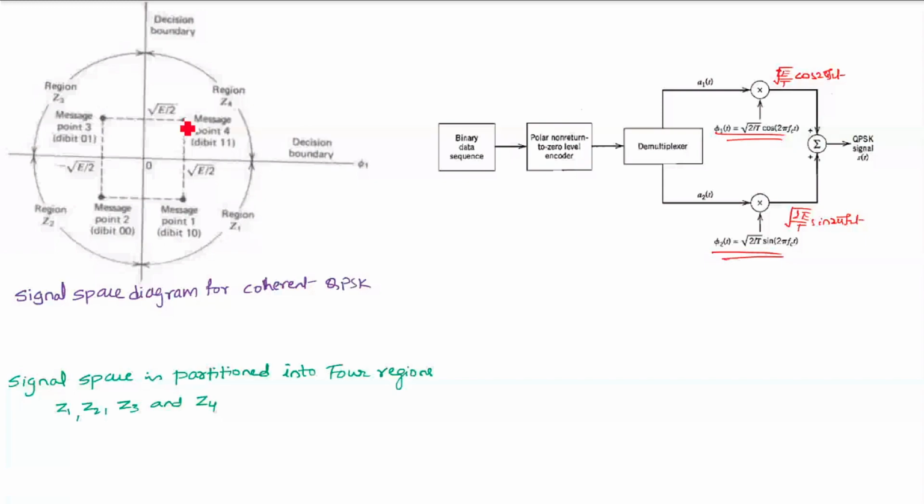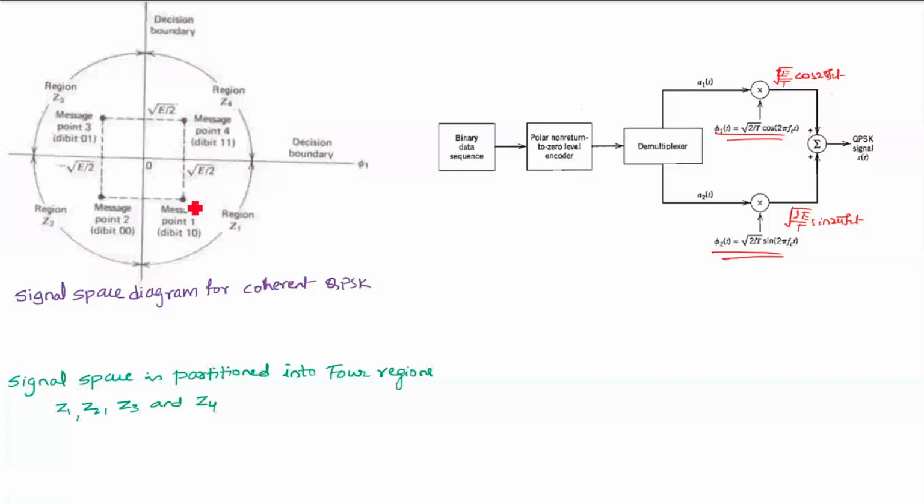If the signal vector falls inside the region corresponding to 0 1, region Z3, we decide in favor of 0 1. If the signal vector falls inside the region Z2, we decide in favor of 0 0. If the signal falls inside the region Z1, we decide in favor of 1 0.